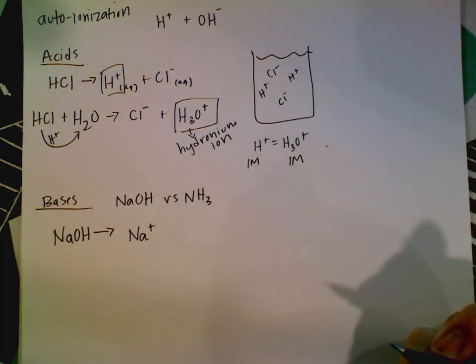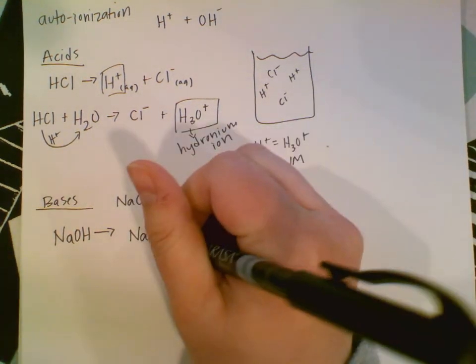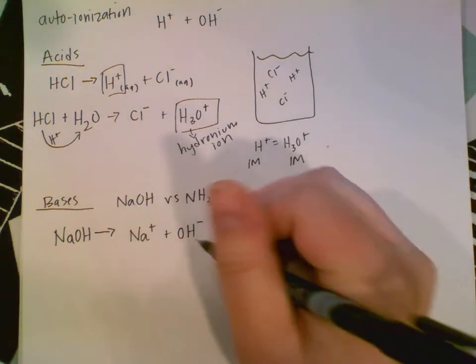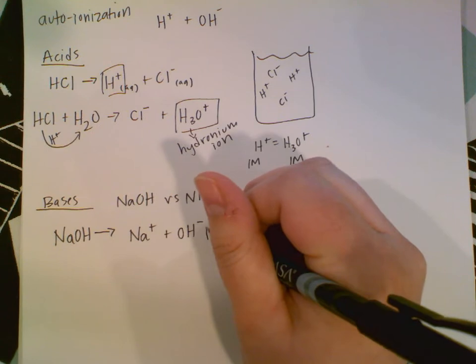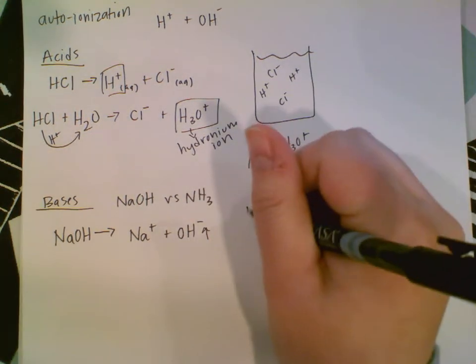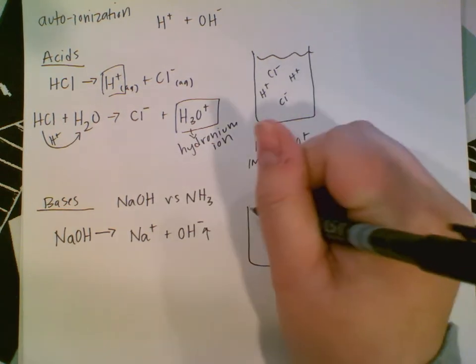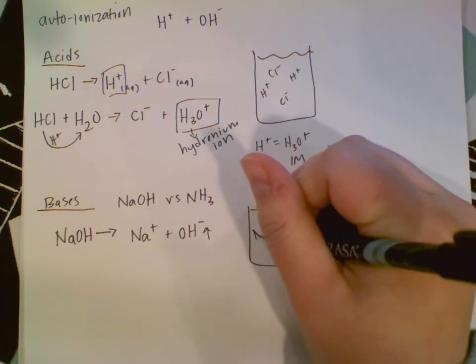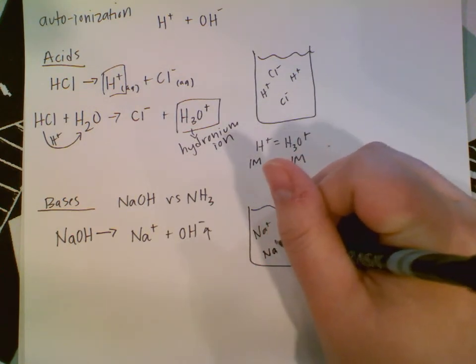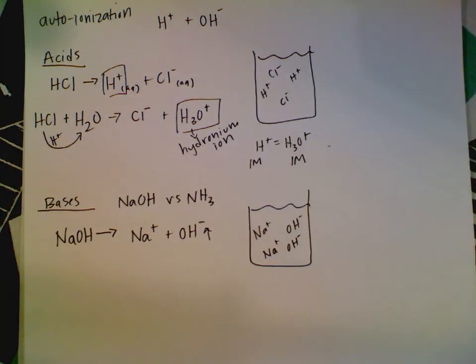So the Na breaks apart from the OH, and we make Na plus and OH minus. And this OH minus here increases the concentration of the OH in a beaker. So if I would draw this, I would have Na plus ions and OH minus ions floating around. And that hopefully makes a lot of sense. Hey, it's just this compound breaking up.